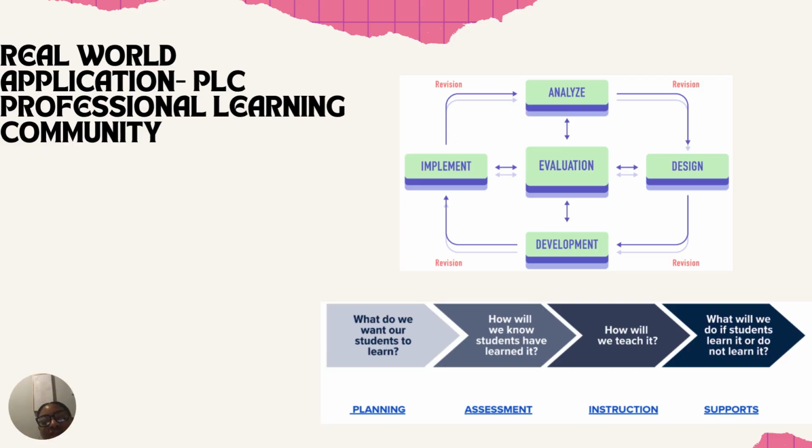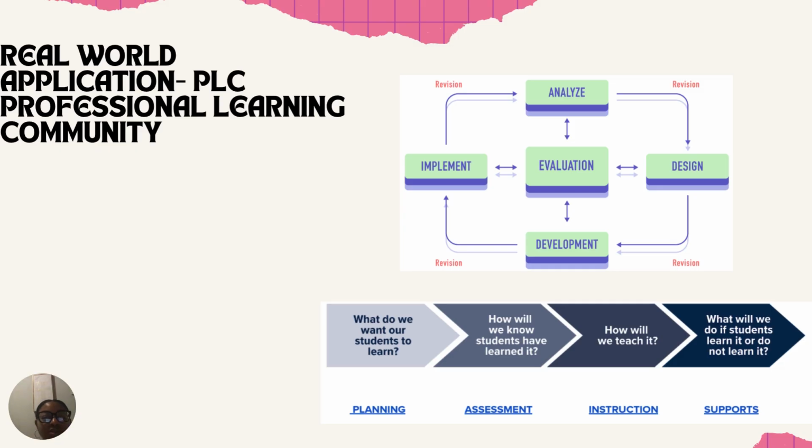With the design phase, we're looking at the lessons we will be teaching. Our units are thematic, so it may be an exploration thing. We're seeing what we have to work with as far as the lessons go, and what assessments we're going to be working around in that unit.